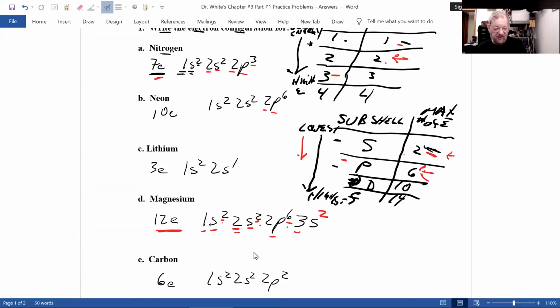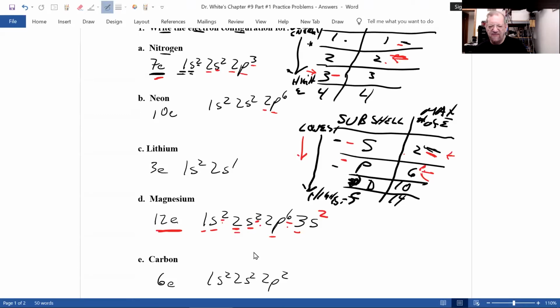I filled in 2p, and shell 2 only has 2 subshells. Well, I've used them, and now I have to go to the next shell, which is 3. Boy, I'm off my game today. Hold on, I've got to reboot.